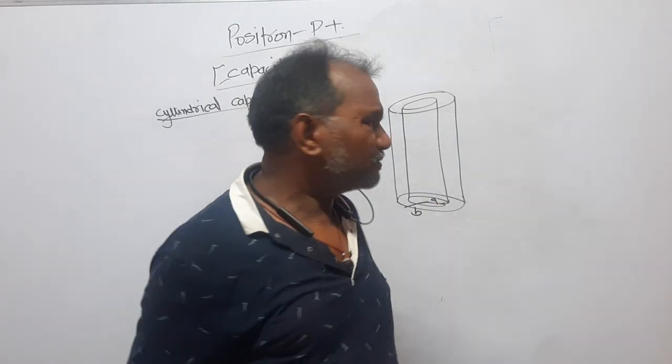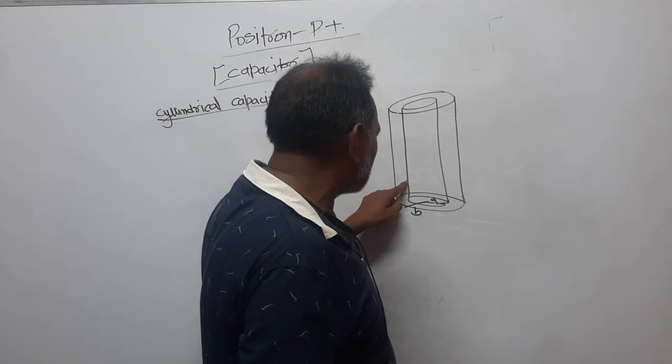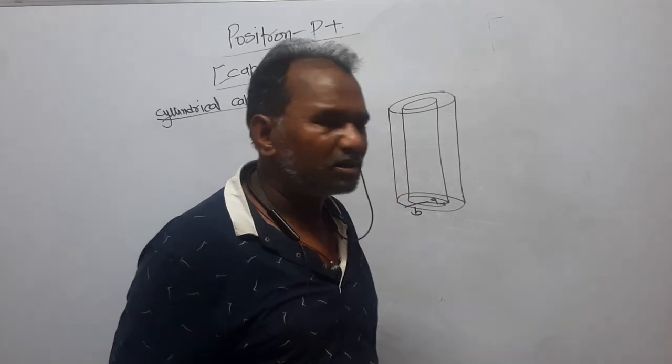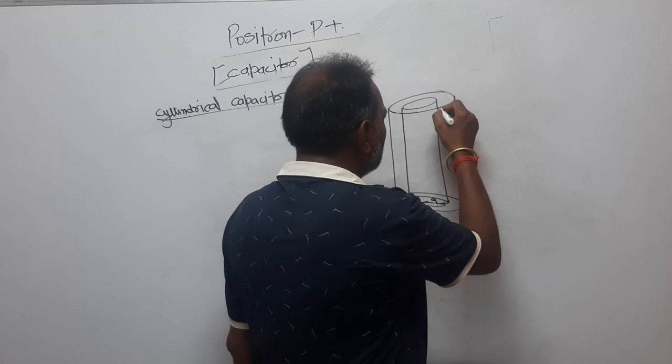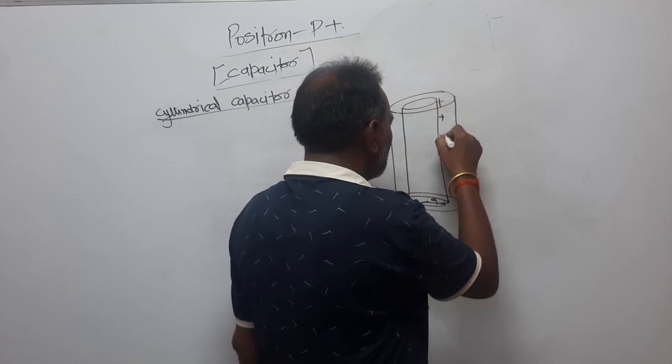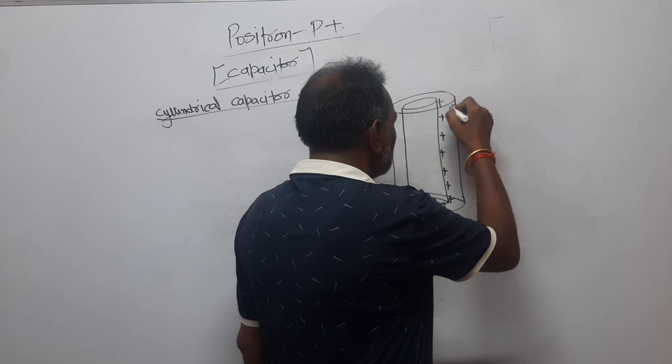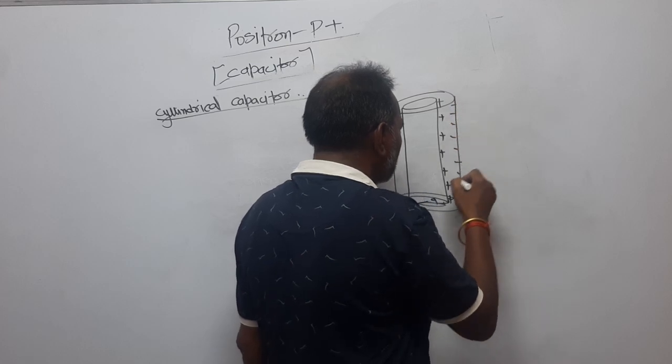It does not matter whether you give positive charge to this one or negative charge to this one. So what I am doing, giving it positive charge, and to this one negative charge.